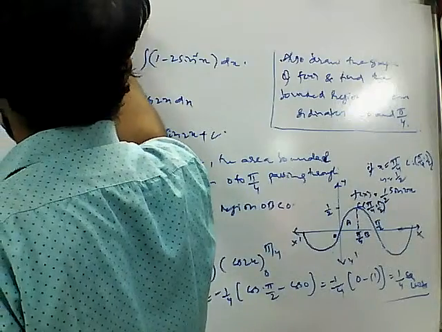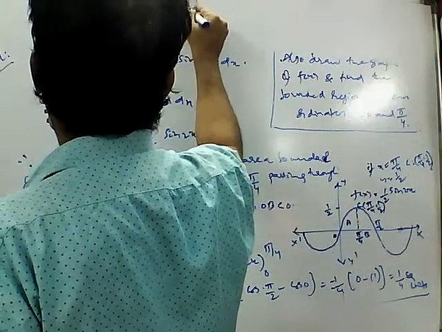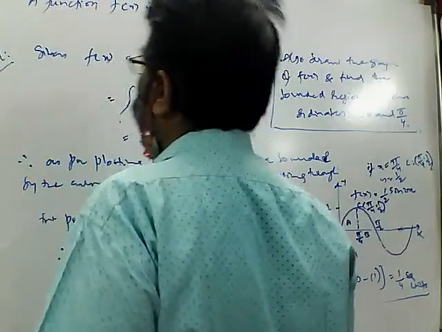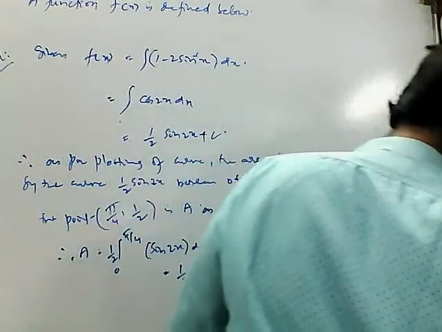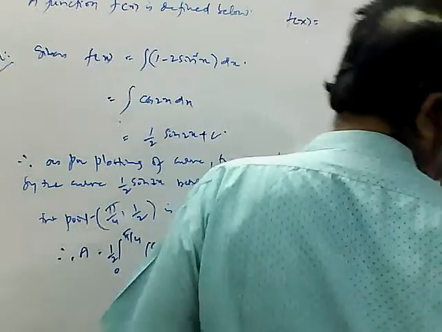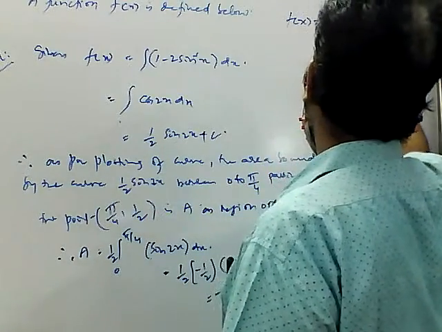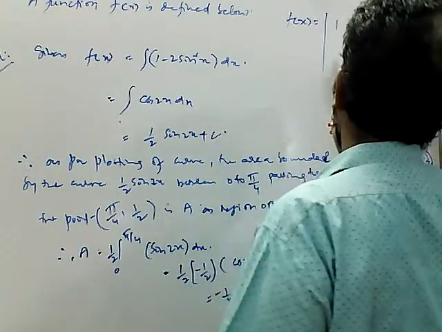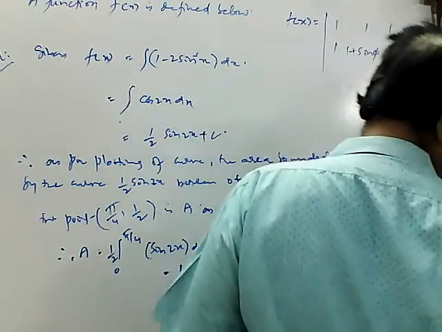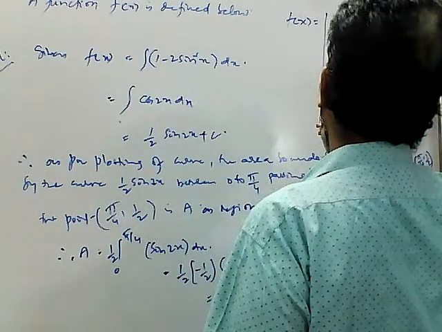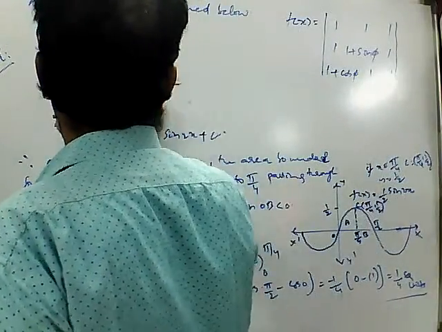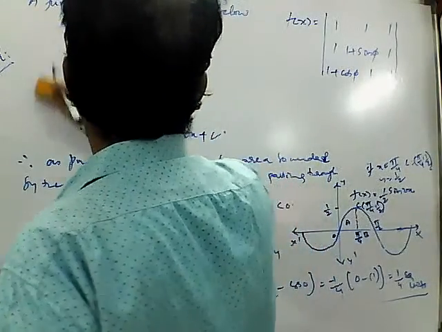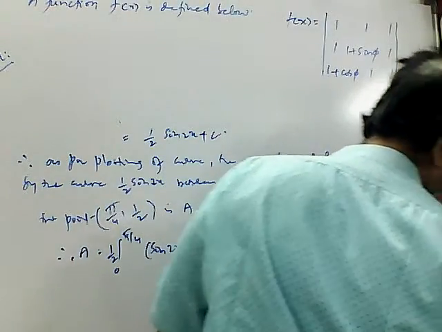The function f of x is defined below. F of x is equal to the modulus of the determinant with rows 1, 1, 1; 1, 1 plus sin phi, 1; 1 plus cos phi, 1, 1. Evaluate the function f of x and draw its graph.